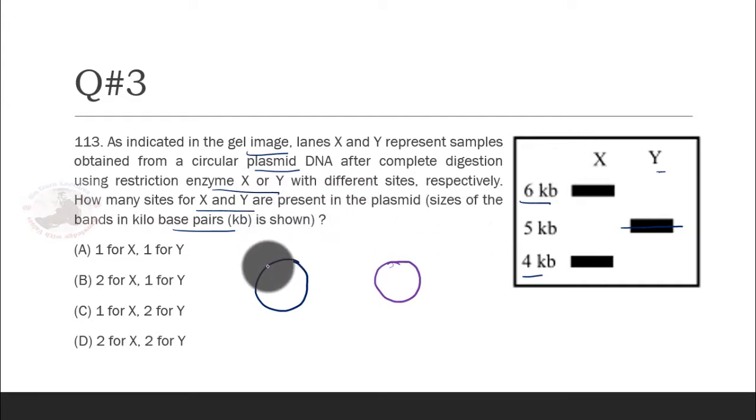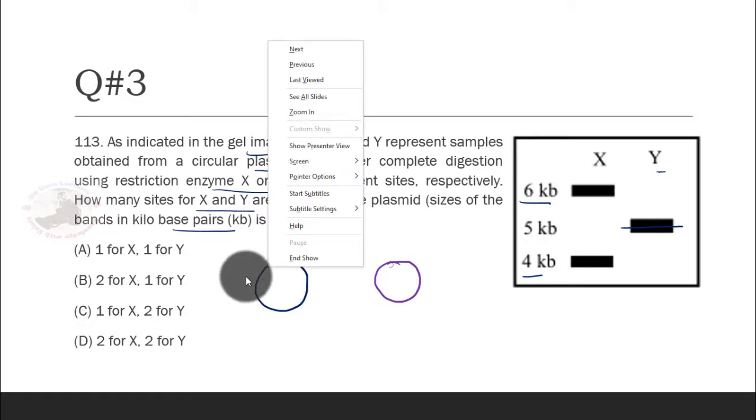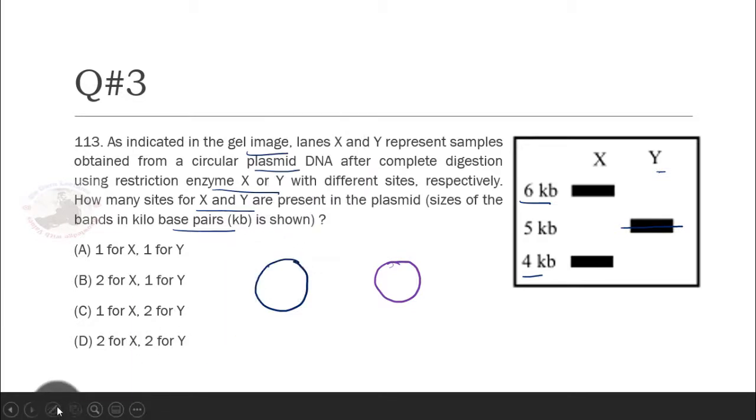That means, let me put some points in the color change. 1, 2, 3, 4, 5, 6, 7, 8, 9, and 10. Among this, they said 6 kb on one side. That means we need to have exactly 6. 1, 2, 3, 4, 5, 6.